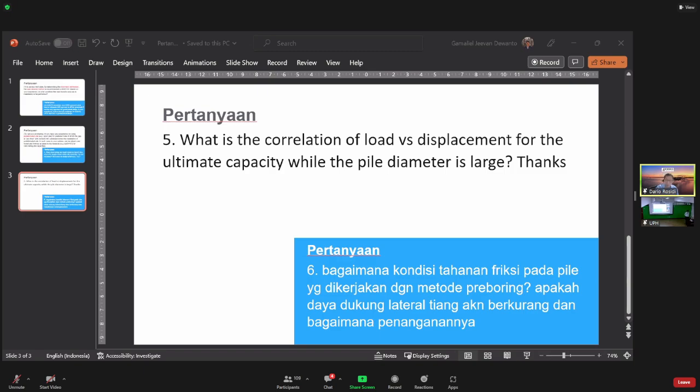Lalu tiangnya di-drive right through it. Yeah, obviously you have to have some reduction, right, in the friction. Misalnya tiangnya 12 inches, biasanya pre-drill hole-nya lebih kecil, 10 inches atau 11, right?